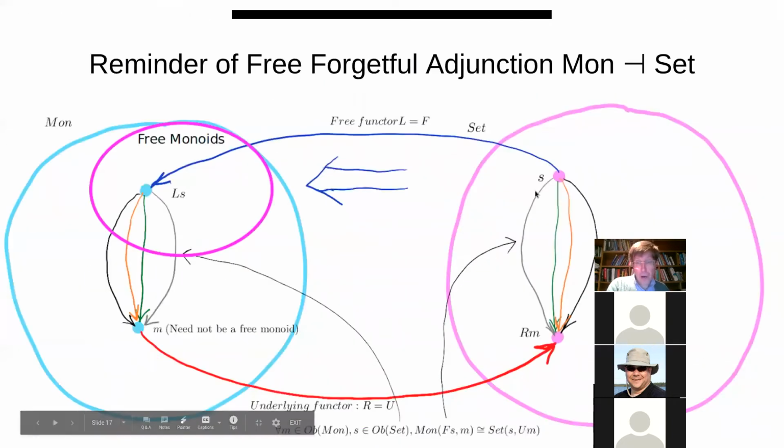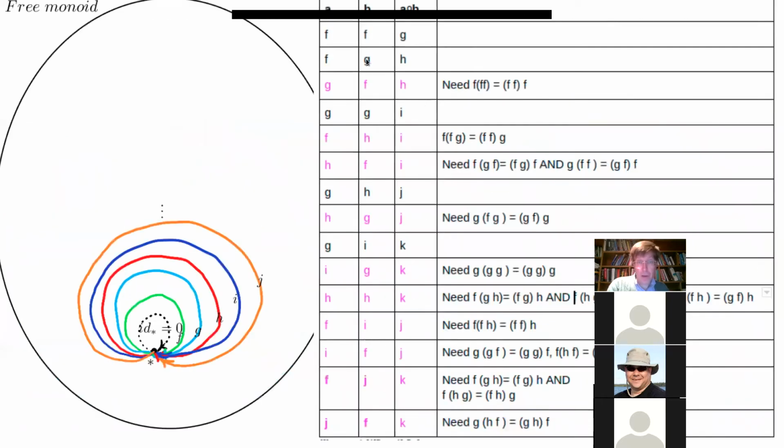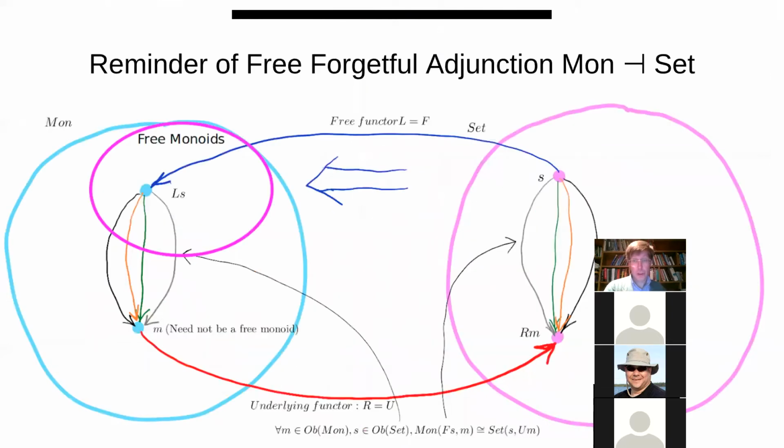If we have a set S and we turn it into a free monoid, we're not going to start with just F. We're going to start with each element of S as being a primordial element that can be combined in these sequences, and anything can be reduced ultimately to some sequence of elements of S.